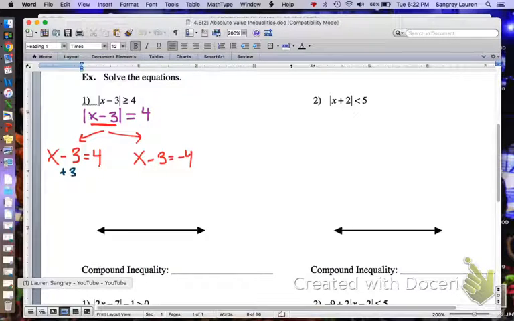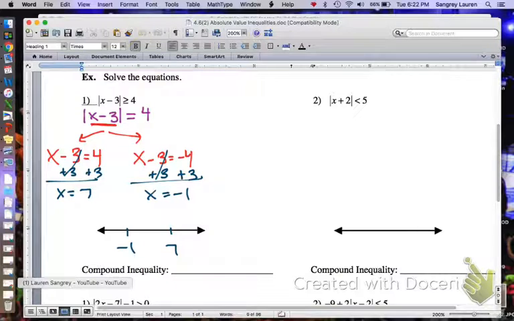We're going to add 3 to both sides, and x equals 7. Add 3 to both sides, x equals negative 1. Now, just like our inequality problems, we're going to put those on the number line. Look at negative 1.